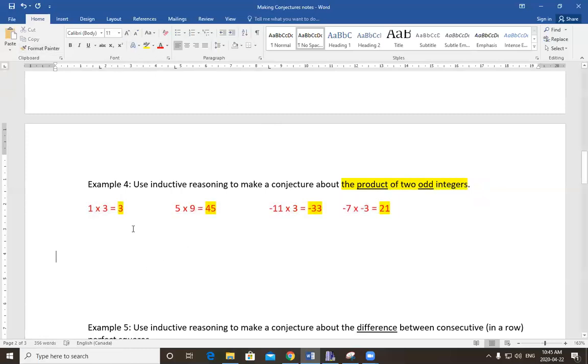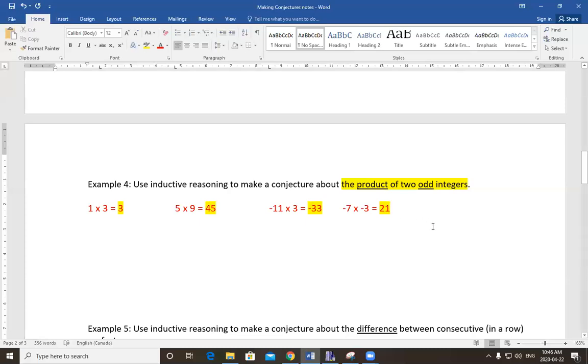Okay, so the general pattern here, we've got 3, 45, negative 33, and 21. We've got negatives, we've got positives, that's fine, but look at the type of number. You multiply two odds and the product is odd. 45 is odd, negative 33 is odd, and 21 is odd.